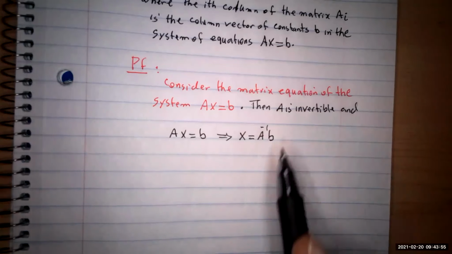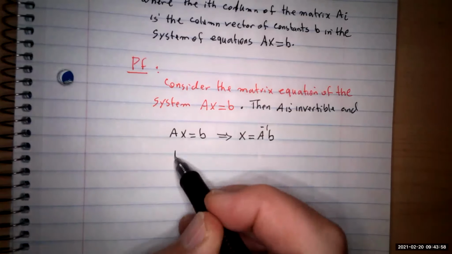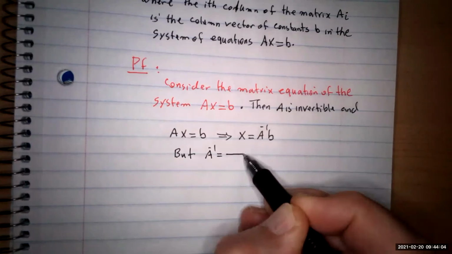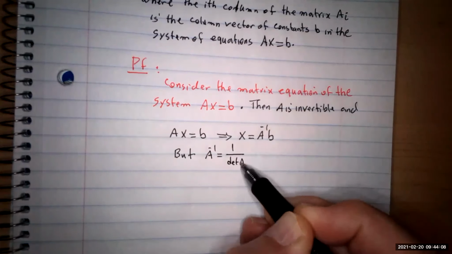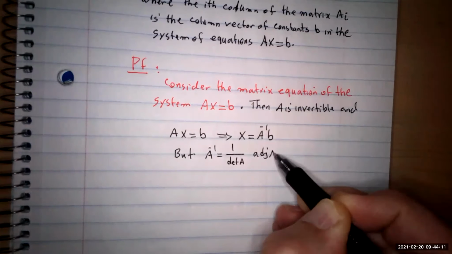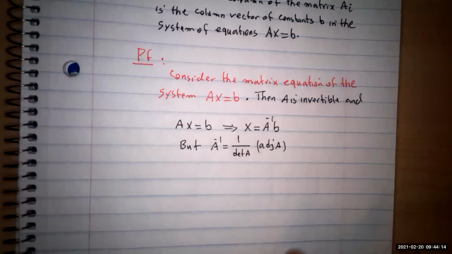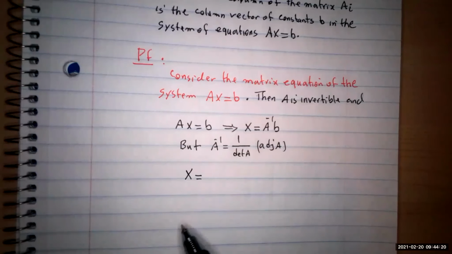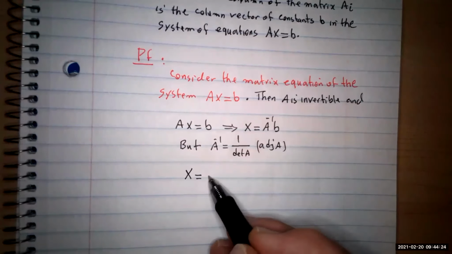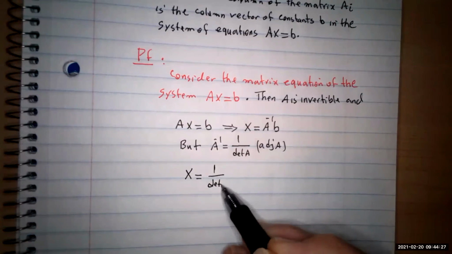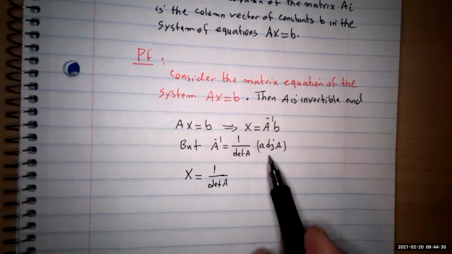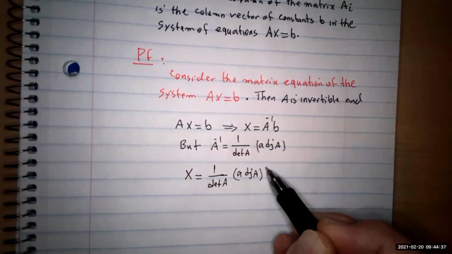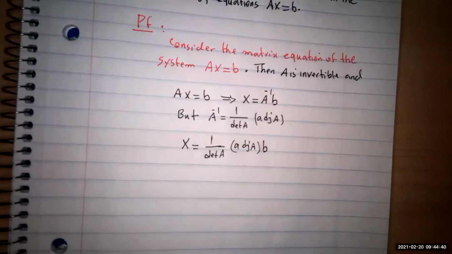Remember, A inverse is 1 over the determinant of A times the adjoint matrix of A. So if you substitute, the matrix X is going to be 1 over the determinant of A times the adjoint matrix of A times the constant matrix B.